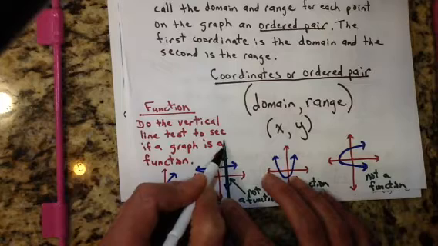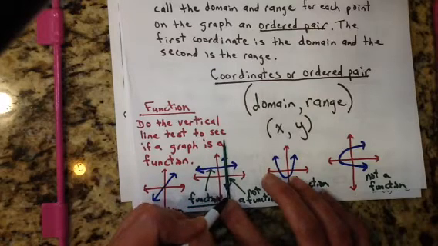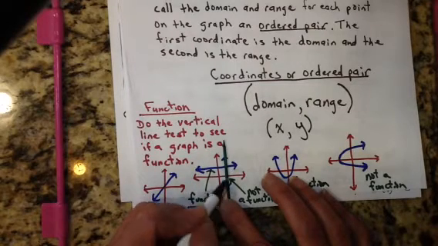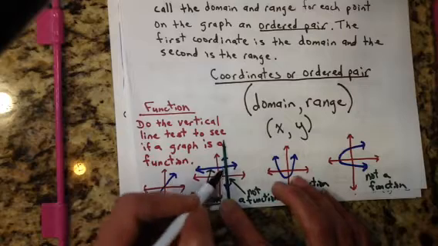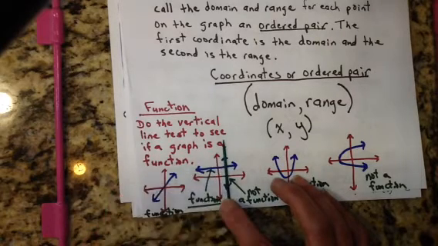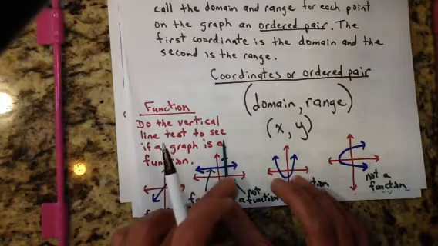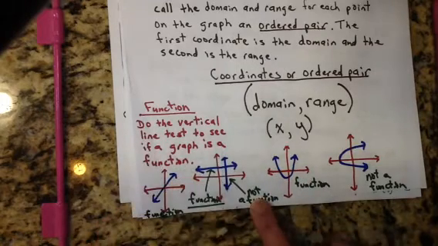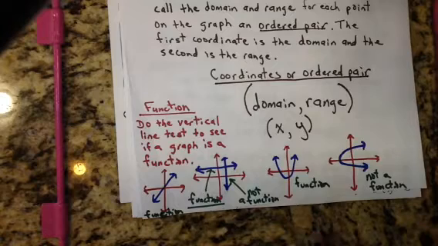I'd have positive y values, I'd have some negative y values. So bottom line is, a vertical line has infinitely many y values, and therefore that would not be a function, because you can only have one y value for the x value.